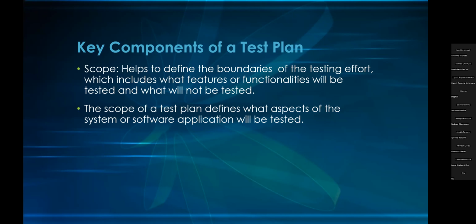It is in this scope that you set those boundaries. This is where you declare that this is what you will test and this is what you will not test.